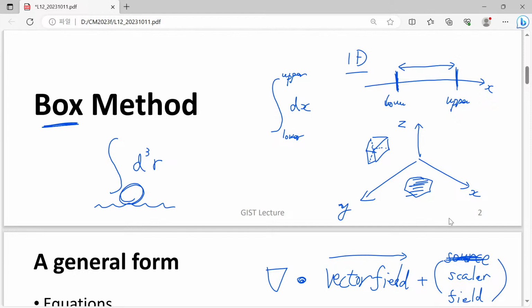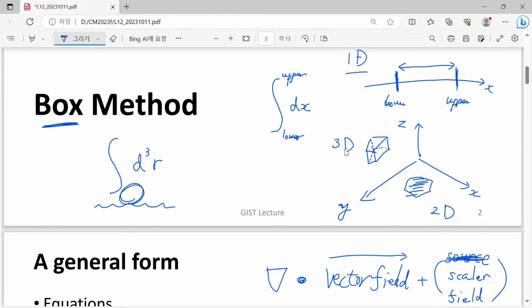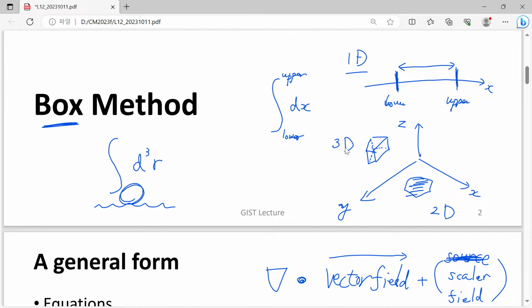However, in 2D or 3D, the integral domain can be quite complicated, not only a simple rectangle or a cuboid, but many more complicated, arbitrarily shaped domains. That's the reason why we call the integral domain a box.